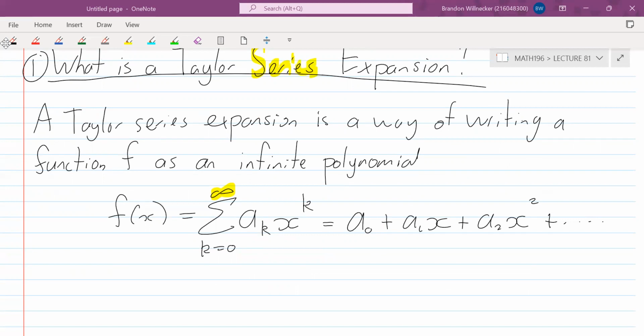And then we add more and more terms. And then if we add infinitely many, we end up with this Taylor series. Now, the goal of finding the Taylor series is finding these coefficients, the a0, the a1, a2, up to infinity. So there's infinitely many coefficients to find.